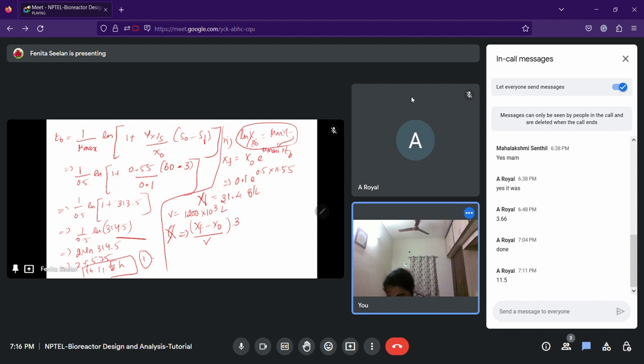So 31.4 grams minus our inoculum, multiplied by the volume, 1200 into 10 to the power 3, is coming around 3000.